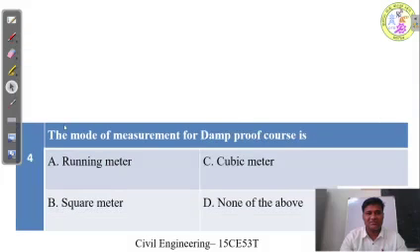Next, the mode of measurement for damp-proof course is A, running meter, B, square meter, C, cubic meter, and D, none of the above. Answer is B, square meter. Since the thickness of the damp-proof course is very small, of the order of 25 mm, I am not going to consider the thickness for measurement, so it will be in square meters.